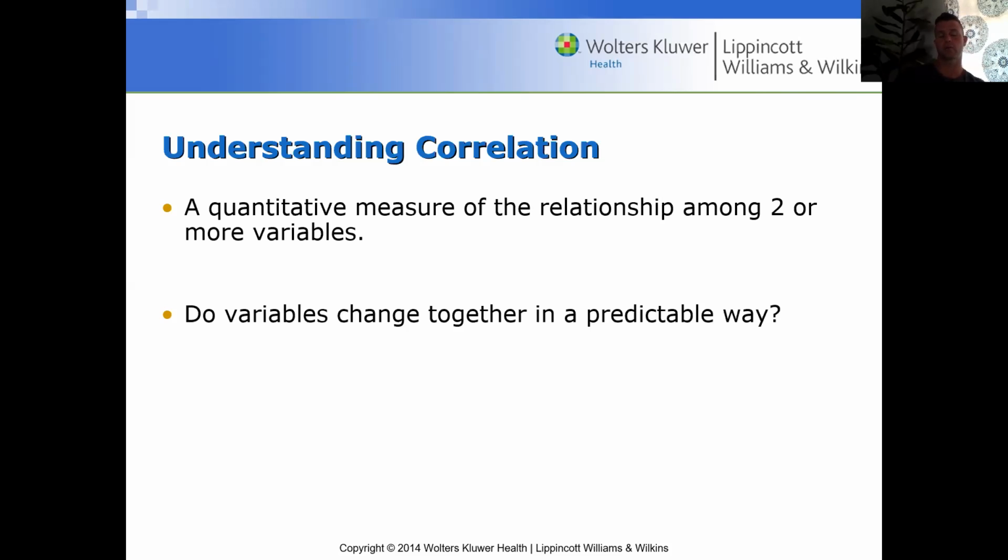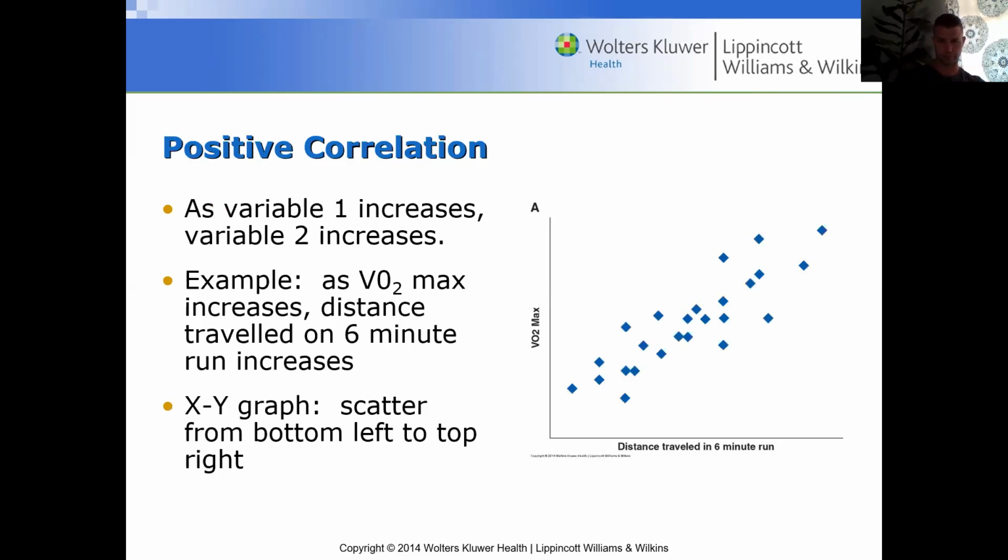I may see a negative correlation in that I may lose body fat. So as I exercise more, I might decrease the amount of body fat I have. So there's a relationship, not always positive. Sometimes they're negative, but you see them work hand in hand. And do the variables change together in a predictable way?